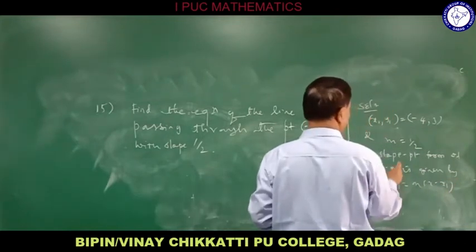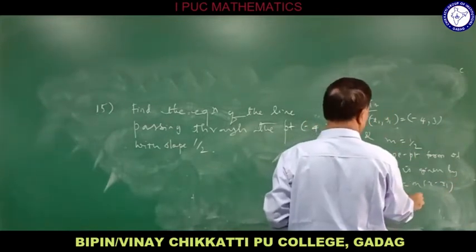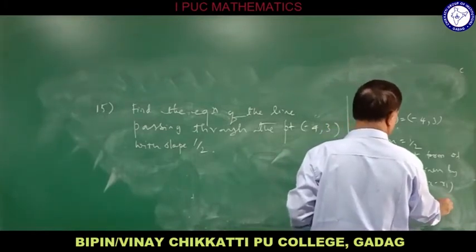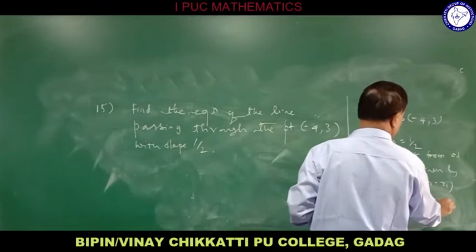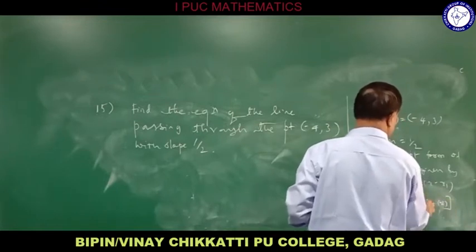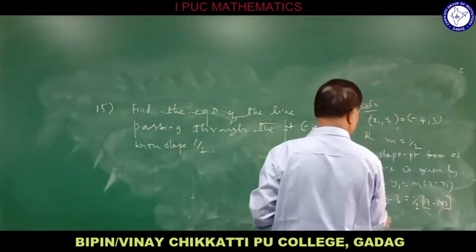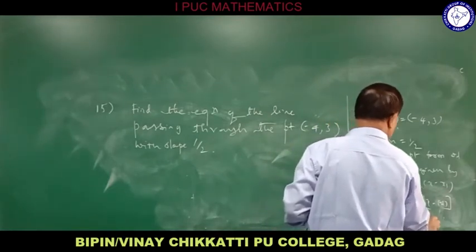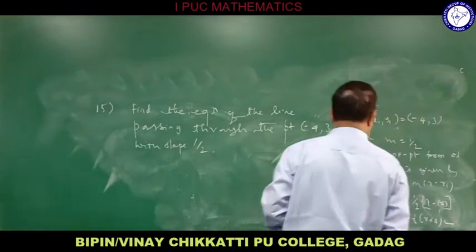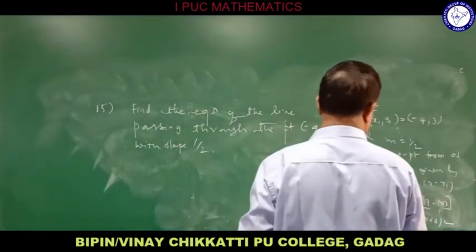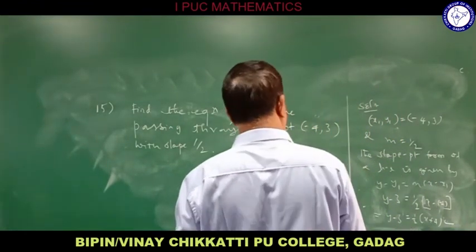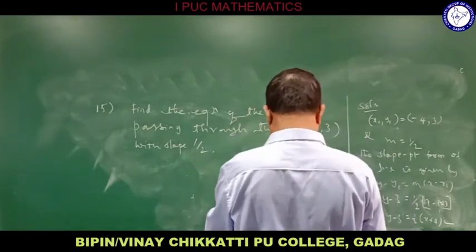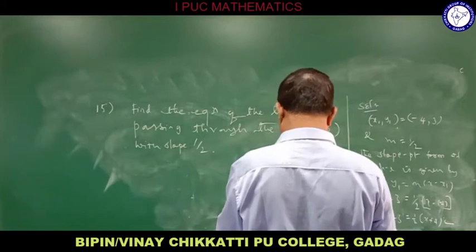So y minus 3 is equal to 1 upon 2 into x minus of minus 4, which becomes x plus 4. You can write y minus 3 is equal to 1 upon 2 into x plus 4. So this is the equation of the line. You can stop here, or you can bring it into the standard form, but I hope for 1 mark it is more than enough.